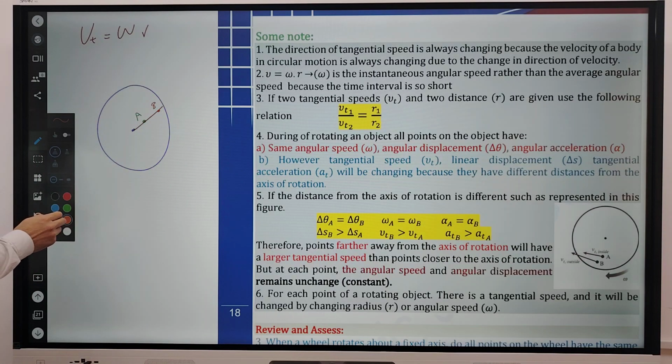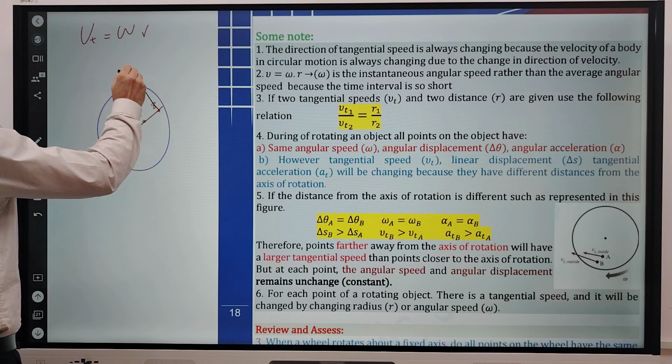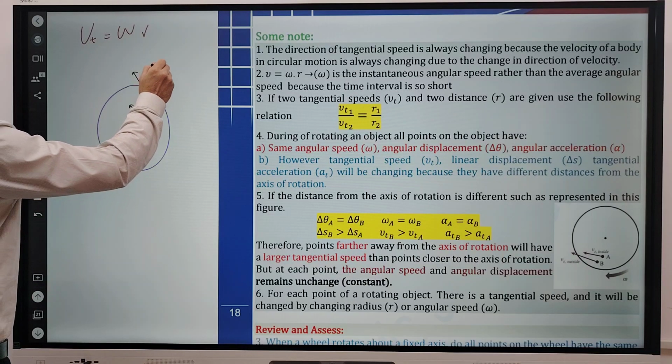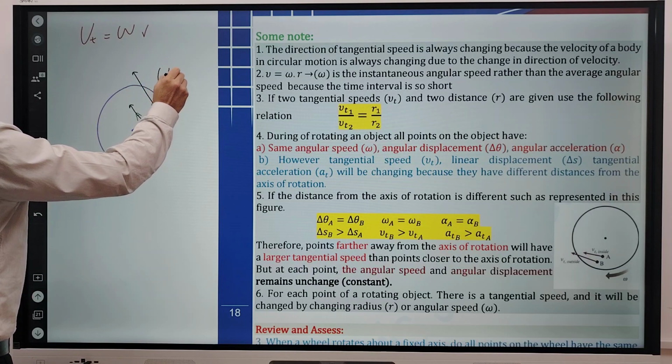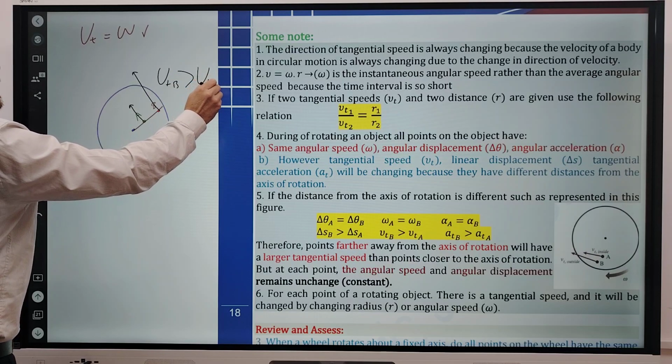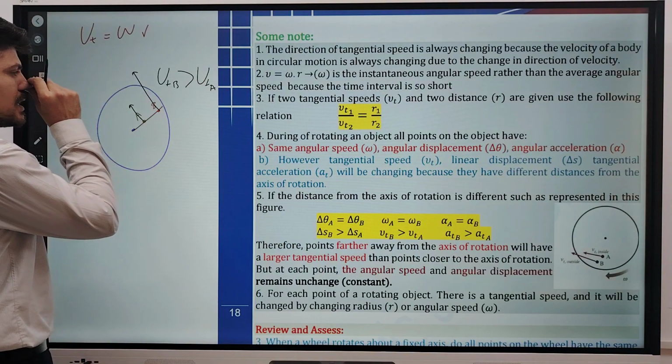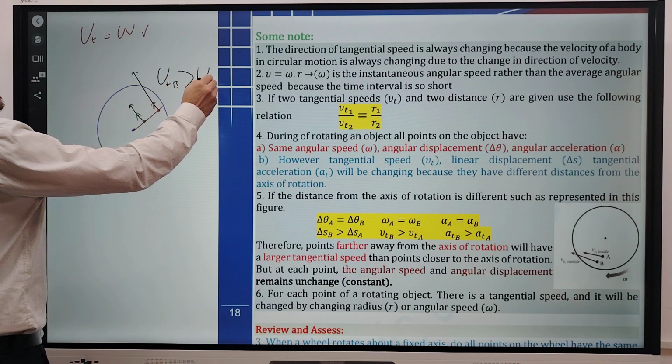Which point has more tangential speed? Absolutely, point B has more tangential speed than point A. So it means that VtB is bigger than VtA. The tangential speed of object B is greater than the tangential speed of object A.